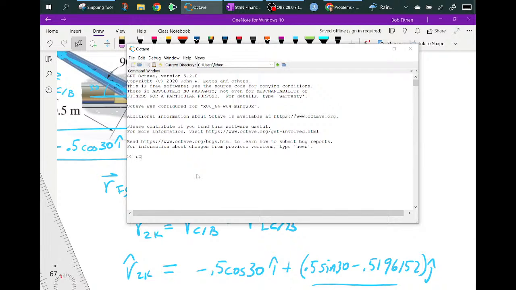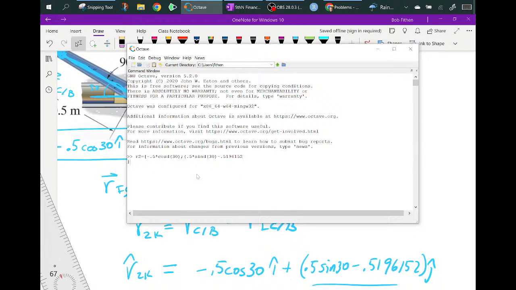I'll just say R2 is equal to minus 0.5 times cosine degree of 30. And then I'll put them in a vertical row. 0.5 times sine degree 30 minus 0.5196152.